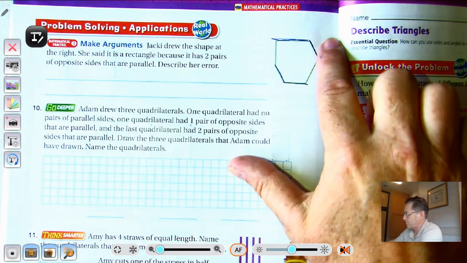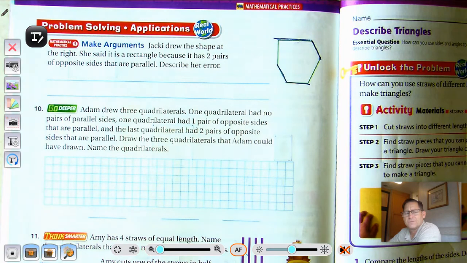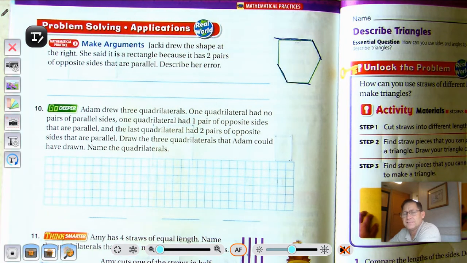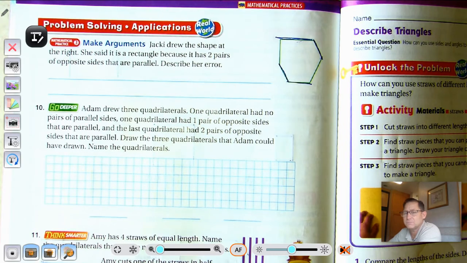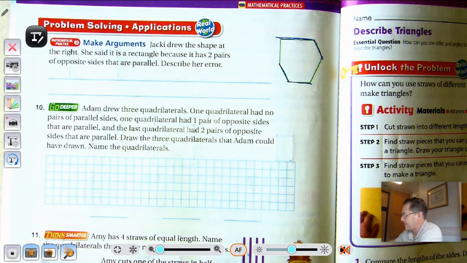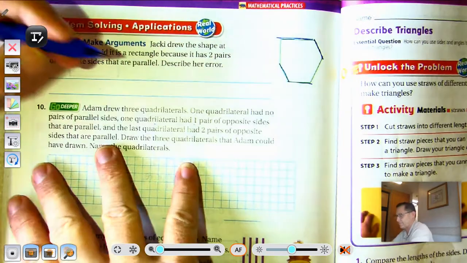She's saying that those two are parallel and those two are parallel. But doesn't a rectangle have to have four sides? Doesn't it have to have four right angles? This shape has 1, 2, 3, 4, 5, 6 sides.